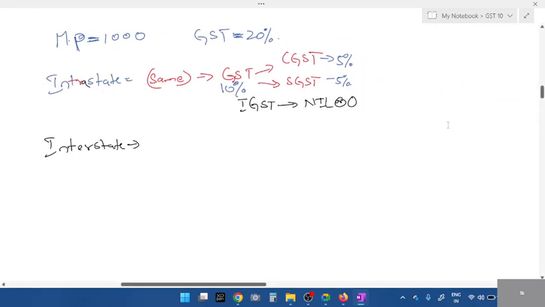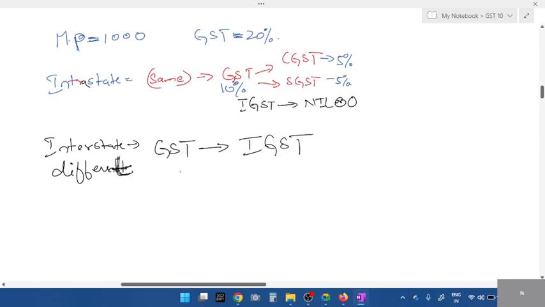Next, interstate GST will be converted into IGST. It is a different state. I told you, different states, two different CMs, always a clash. So GST will be converted into IGST.